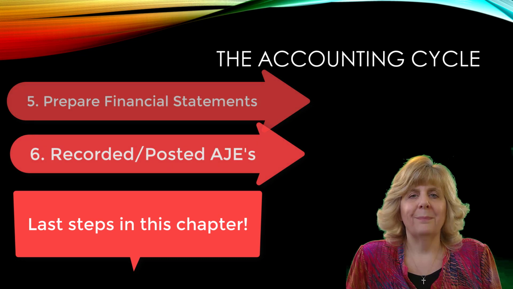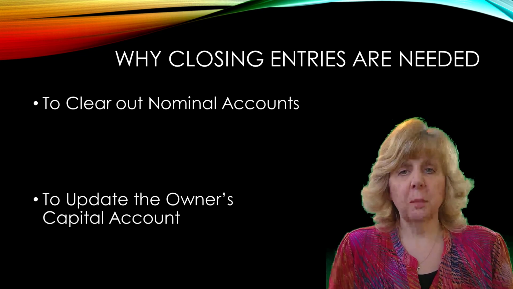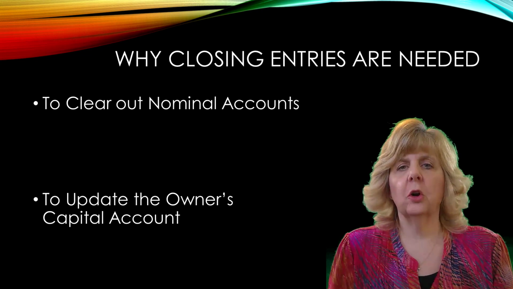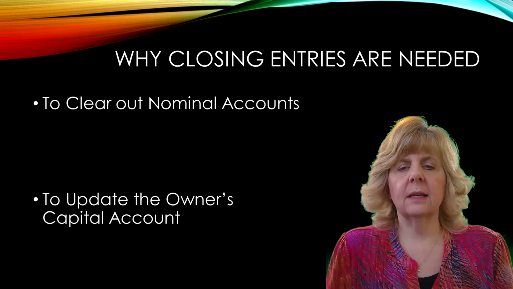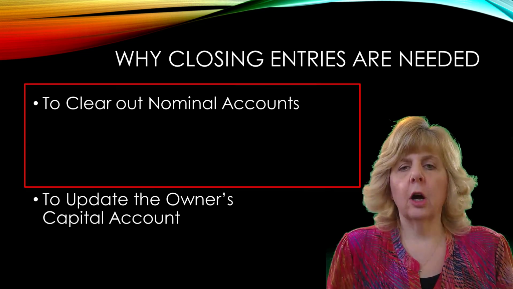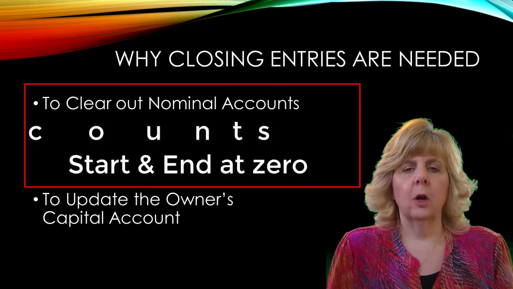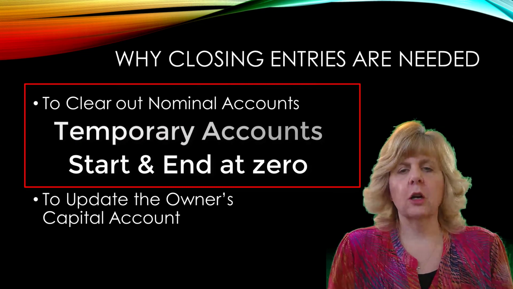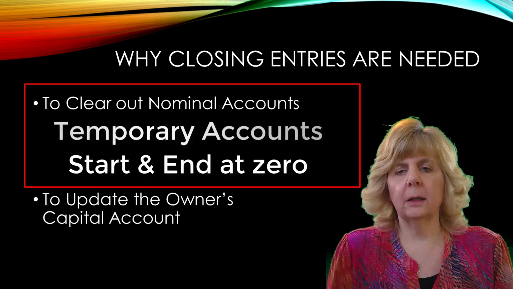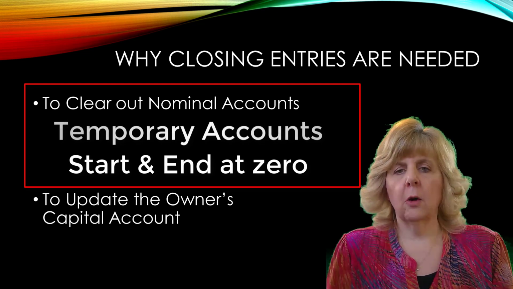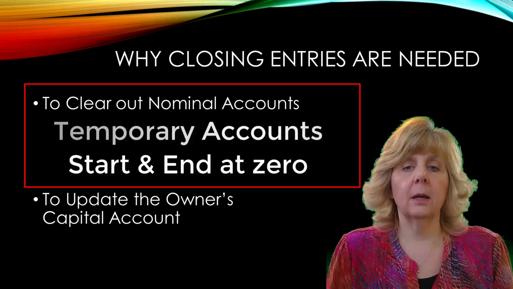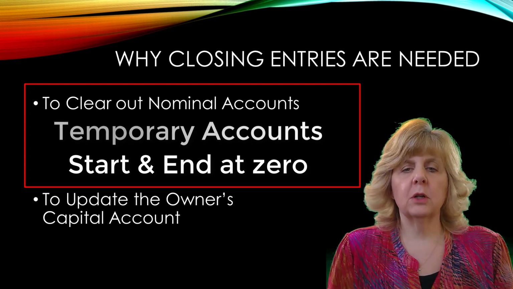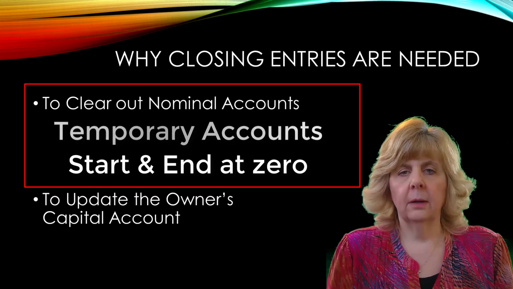Let's learn more about the closing process. There's two basic reasons why we need to go through the closing process. The first reason is that some accounts are called nominal accounts or temporary accounts. This means that they start off the period with a zero balance, they accumulate over the course of the accounting period, and then they need to be reduced back down to zero.